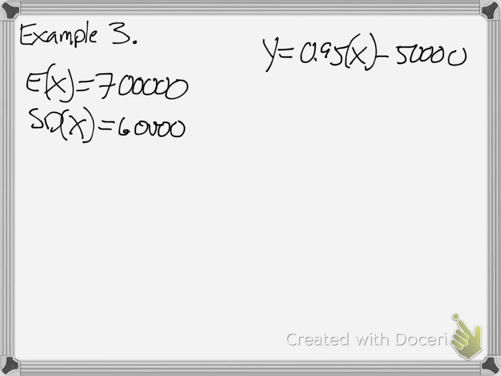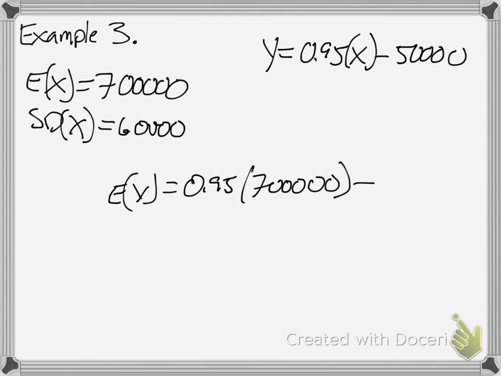And they want us to find the new average and new standard deviation. Okay, so our new mean of our y variable is going to be equal to 0.95, we multiply by the scalar, times 700,000.